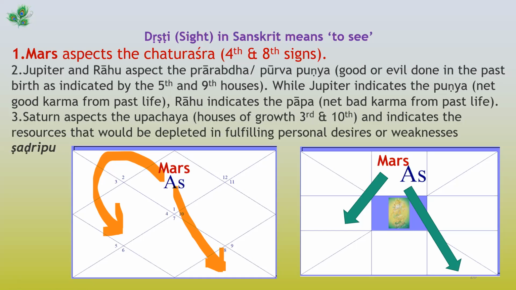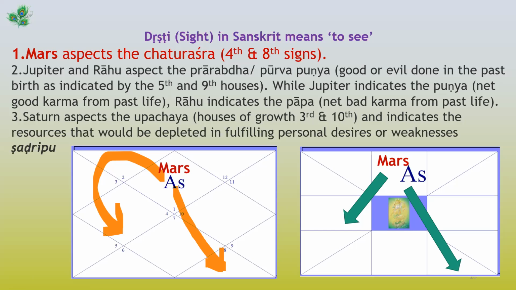Prarabdha is karma, some of which is good, some of which is bad. And Purva Punya, Rahu is to do with rebirth, so that's why it's called Purva Punya. Purva Punya is the evil and good done in the past birth as indicated by the 5th and 9th houses. So please guys, this is an important one.